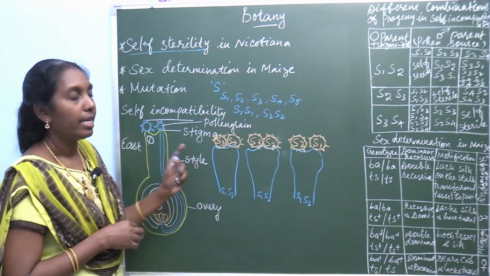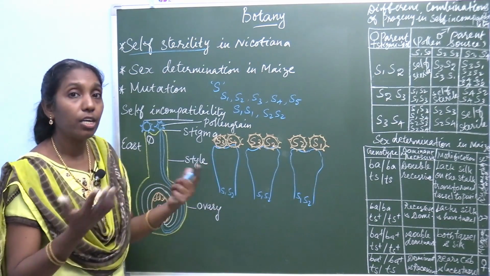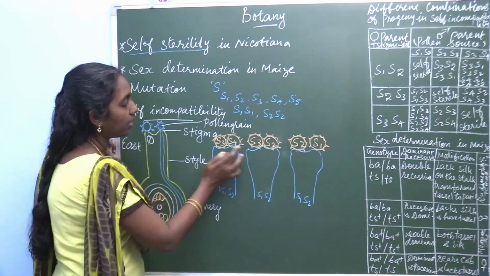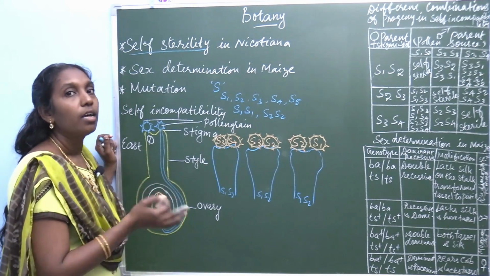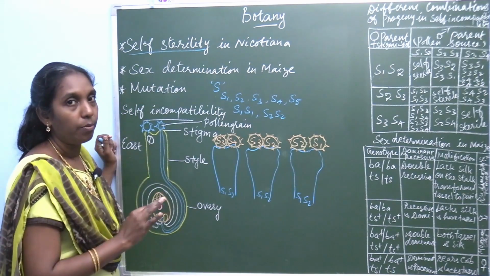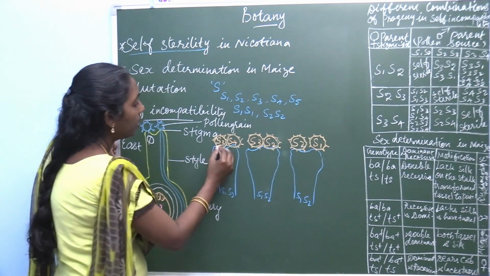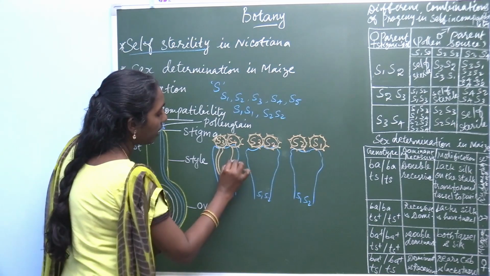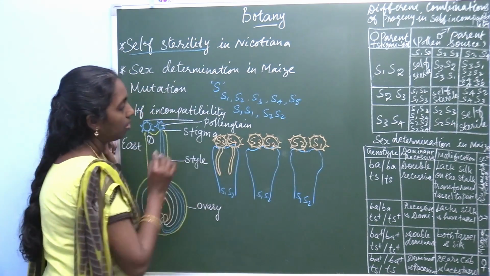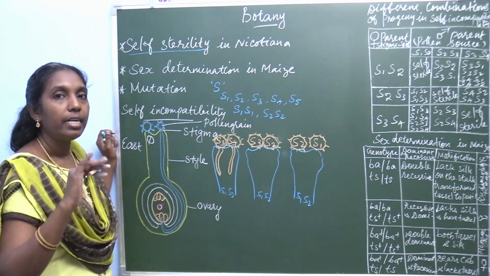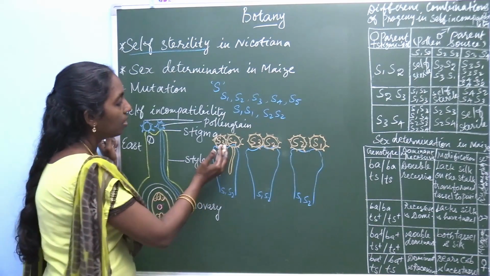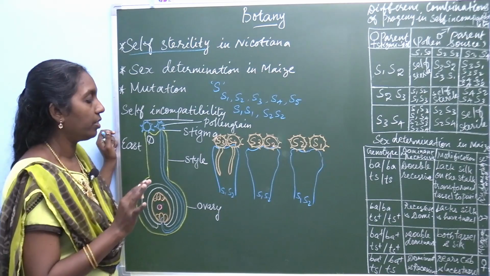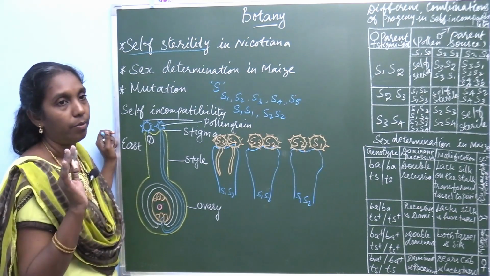First, S3 S4: see here it is heterozygous, S1 S2 with S3 S4. So, the pollen grain germinates because it is a heterozygous condition. You remember that in the heterozygous condition, the pollen grain germinates. If it is homozygous, it does not germinate.